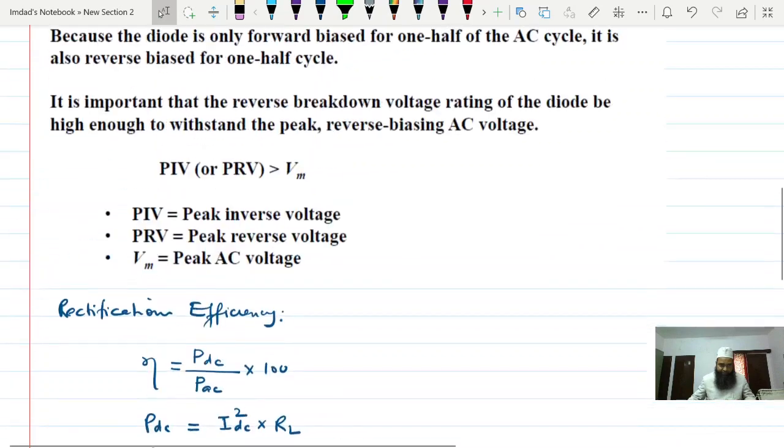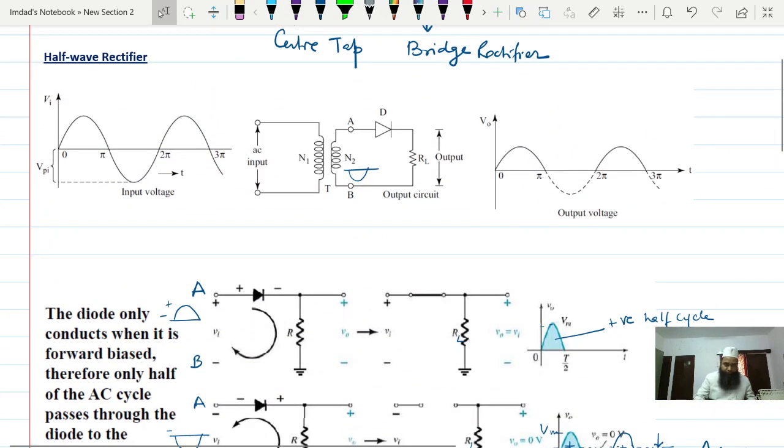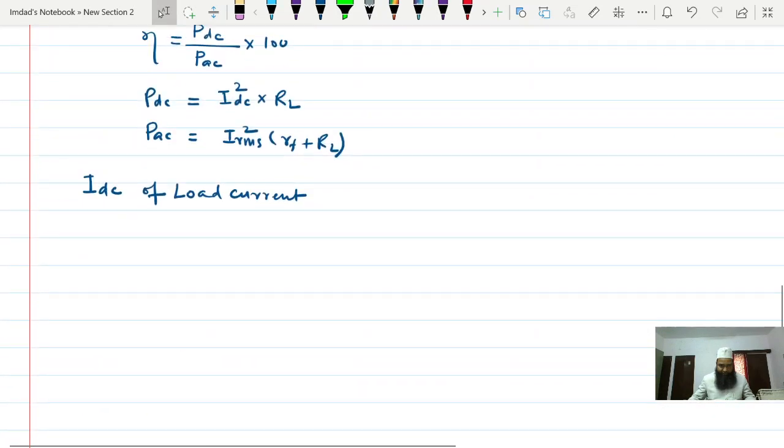We can see this is the load current IL. We have to calculate the average or DC value of that, the IDC of the load current. For this, we have the wave shape.